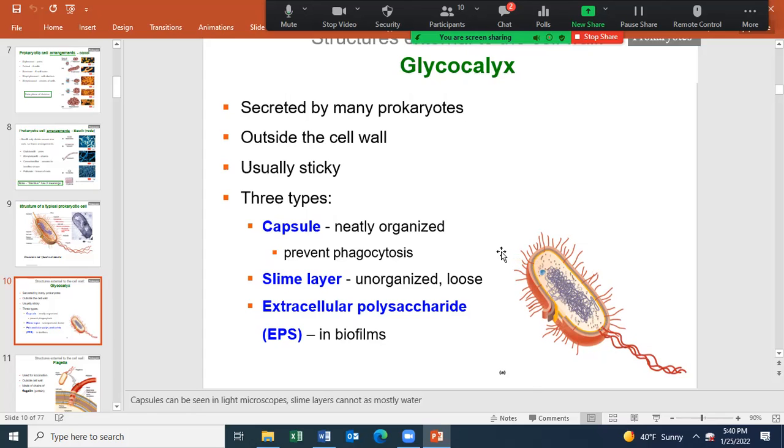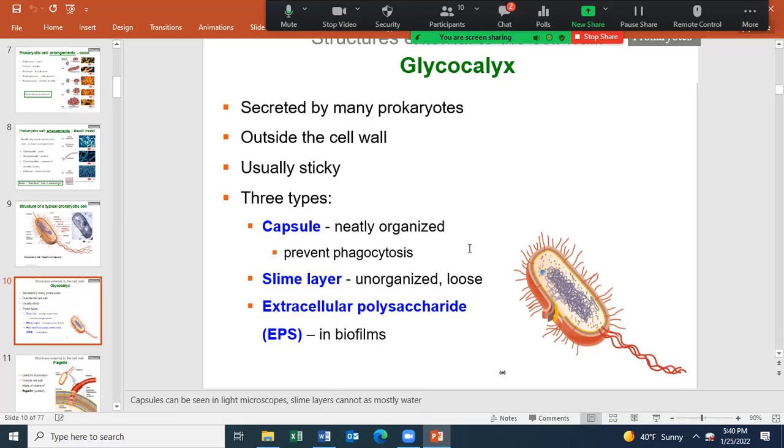The capsule is neatly organized glycocalyx. It prevents phagocytosis from white blood cells. And the capsule is what you can see under the light microscope. So if you can see the glycocalyx under the light microscope, it is a capsule.